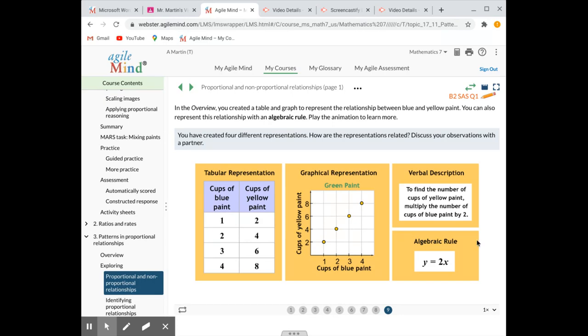So how are they related to each other? And this is question 1F in the book. We've already answered questions A through E.